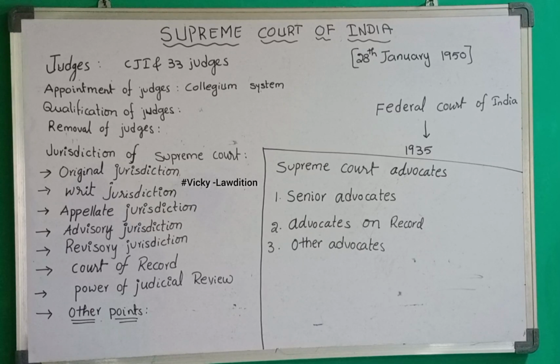In 2019, the Centre notified and increased the number of Supreme Court judges from 31 to 34, including the Chief Justice of India. This is the constituent strength of judges of the Supreme Court.